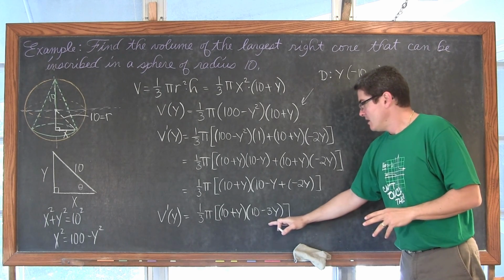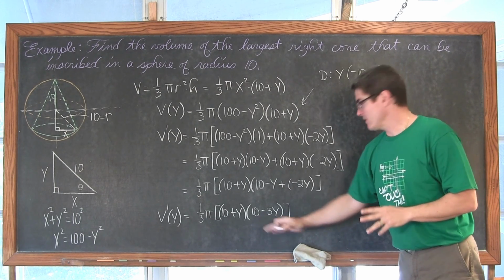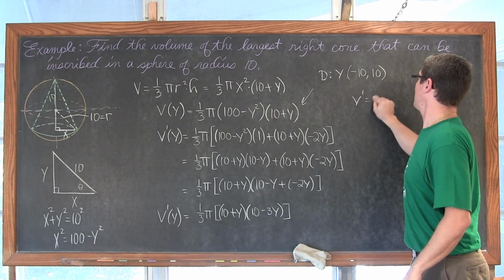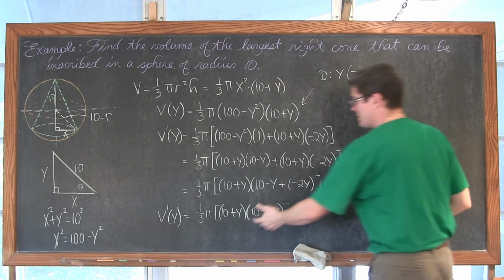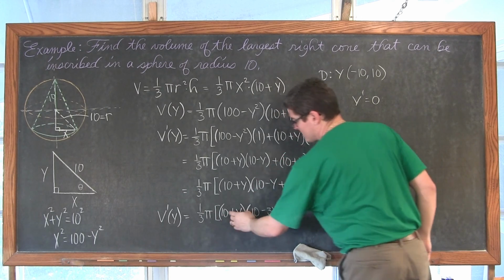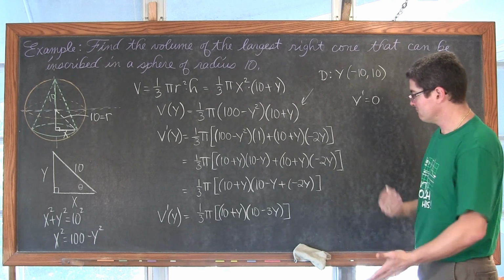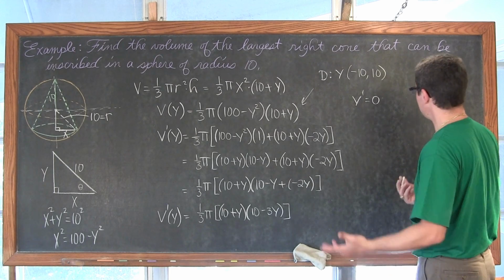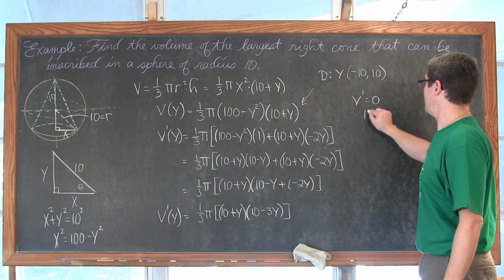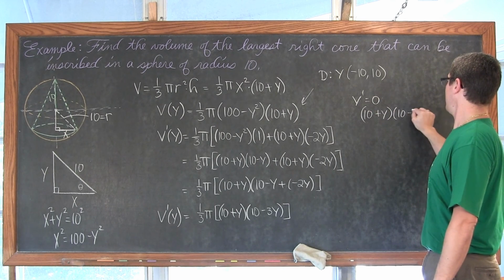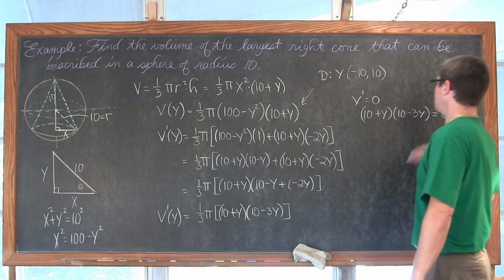Now, what's going to make the first derivative equal to 0? Well, V prime equal to 0, we have a function. I can just leave that 1/3 pi out there because really if either one of these factors is equal to 0, then we have a first derivative which is equal to 0. So we have 10 plus y times 10 minus 3y is equal to 0.